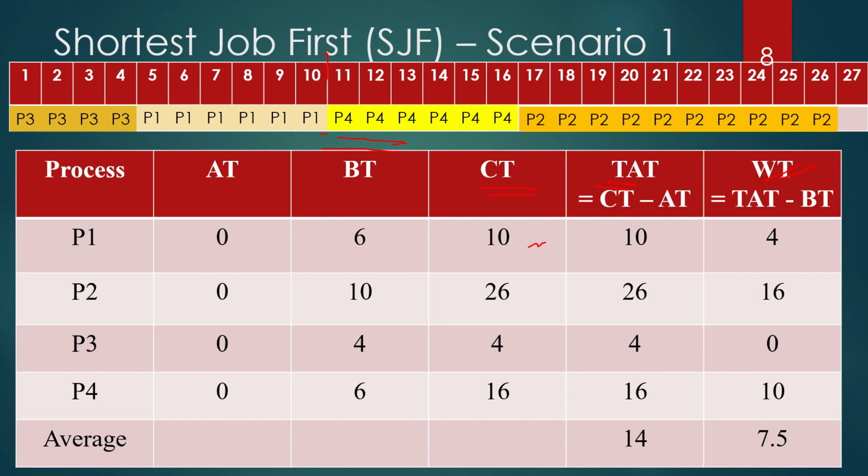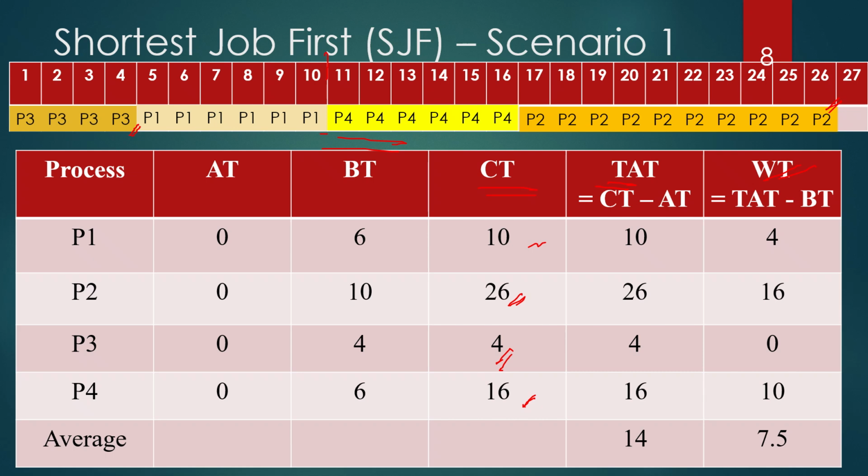P2 has completed at 26. P3 is the shortest job, so it was taken into the processor at the very first time, executed and completed at the fourth unit of time, so I have specified 4. And P4 has completed at the 16th unit of time, so I have written 16.